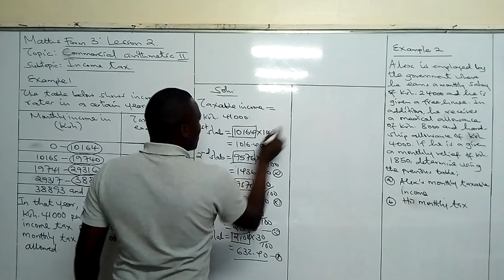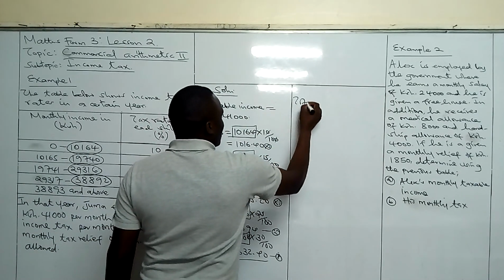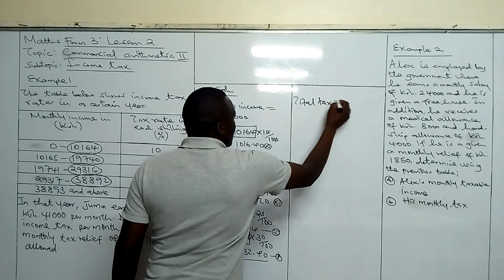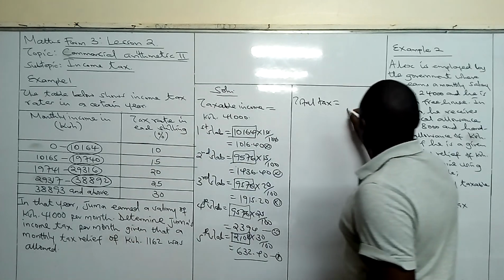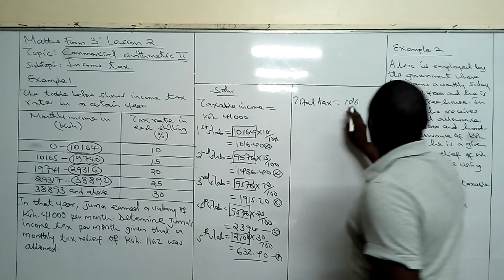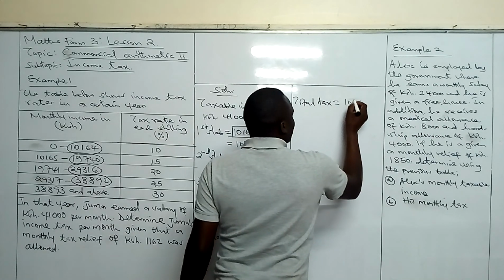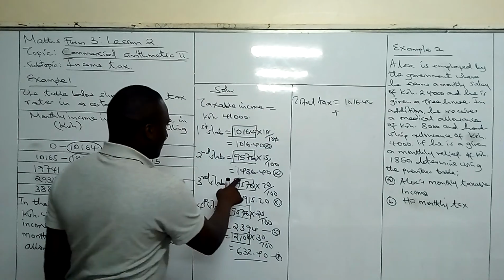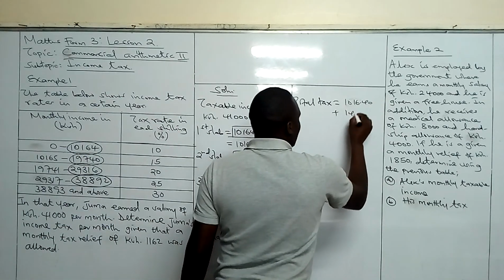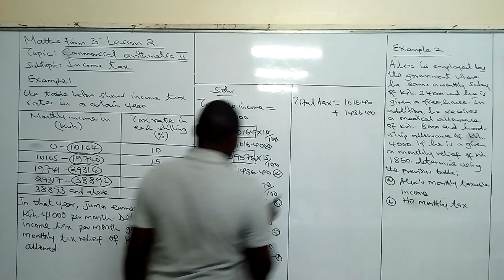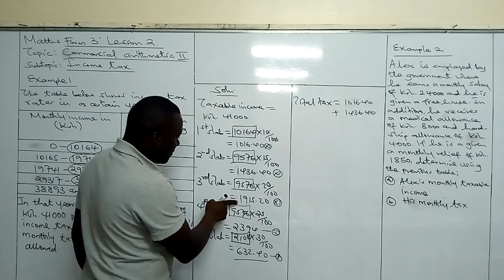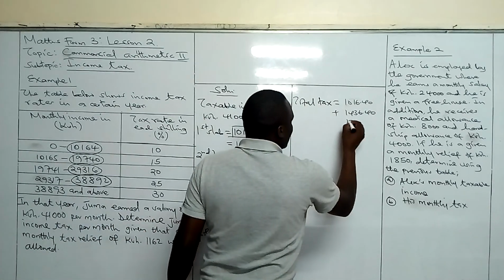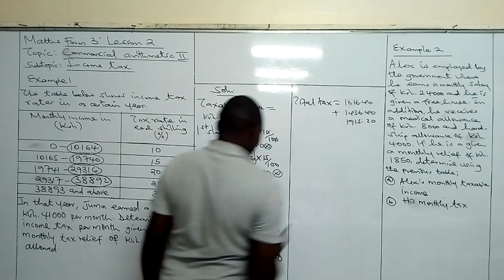I will take this amount of money here, so I will say total tax is equal to the first one, 1016.40. We will add the next one, 1436.40. The next one here we have 1915.20.